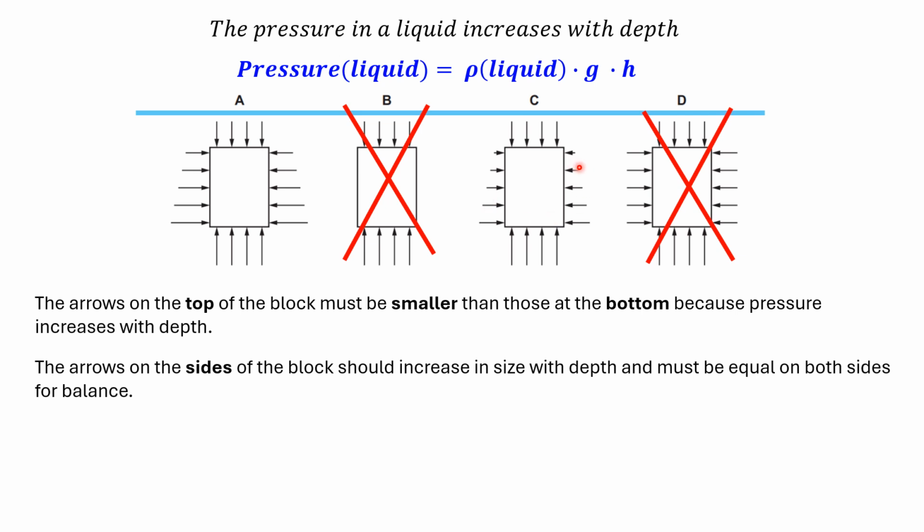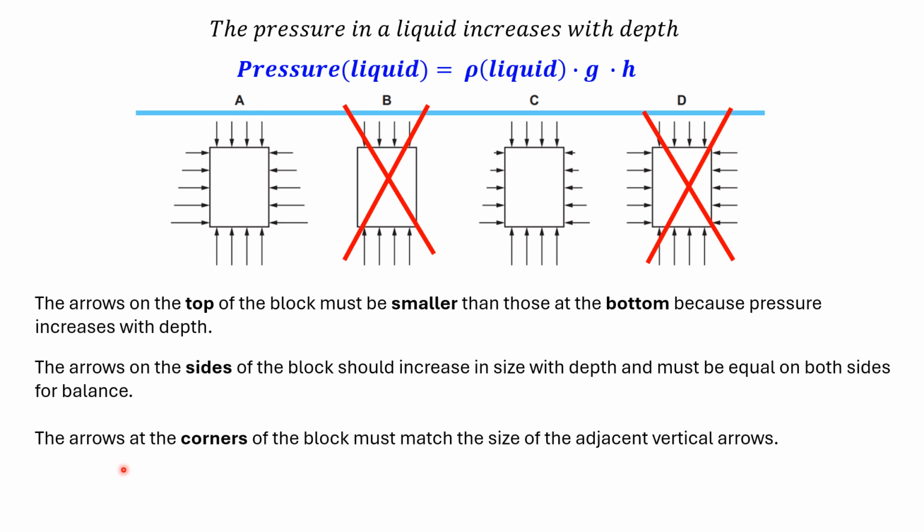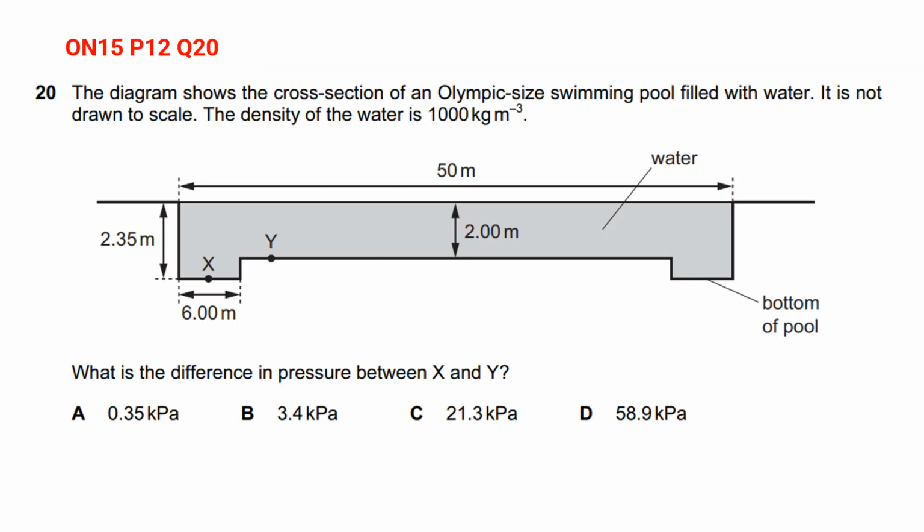Each one is correct. So that's the tricky part. Look at this. The arrows at the corners of the block must match the size of the adjacent vertical arrows. So here is the vertical arrow. So it is the same. This option C, not the same. So we are going to eliminate option C, and the correct answer is A.